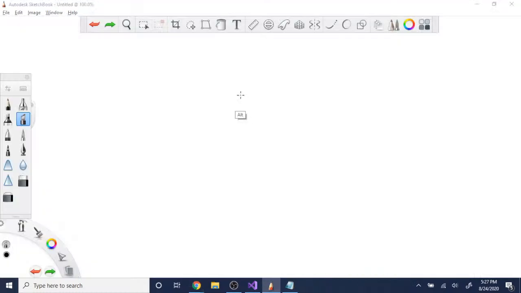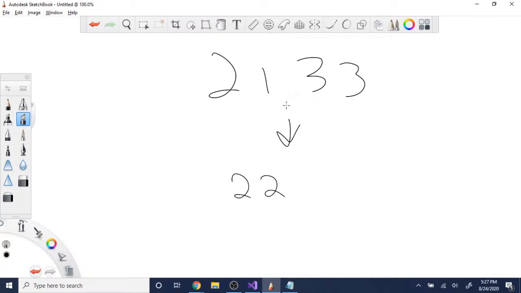If I have 2, 1, 3, 3, how am I gonna get this? If I increase this digit by 1, then I get 2, 2, 3, 3, and that's not right.